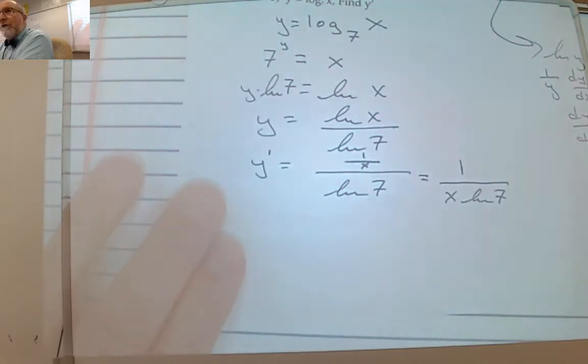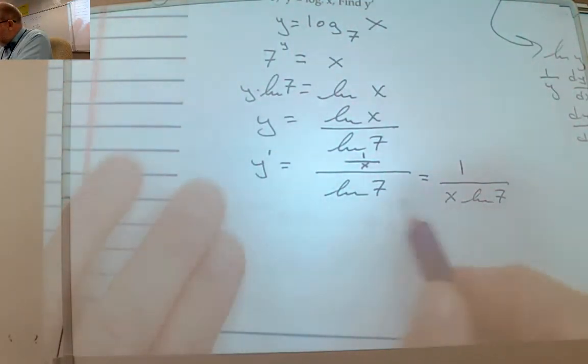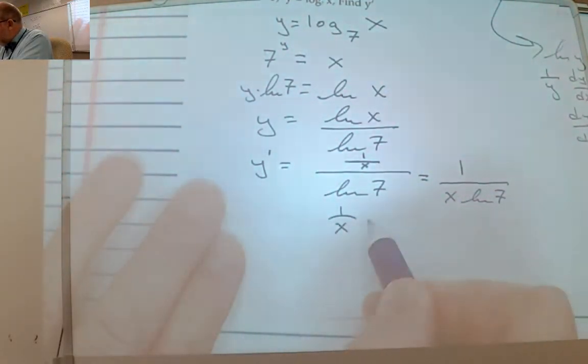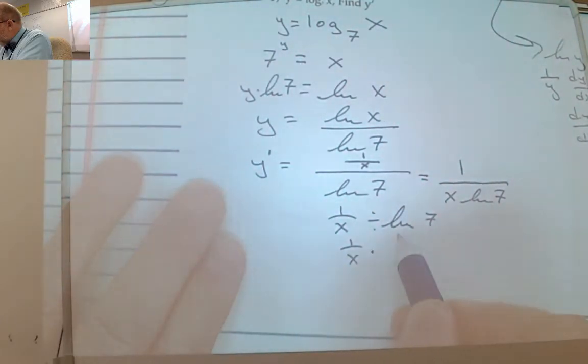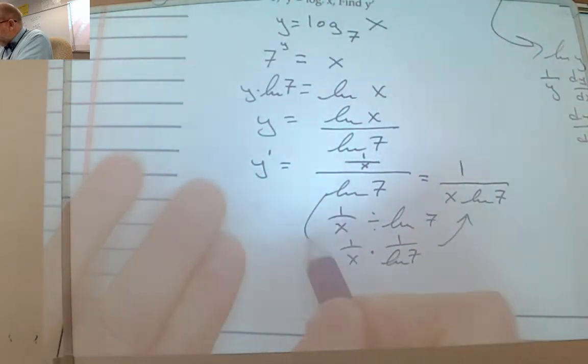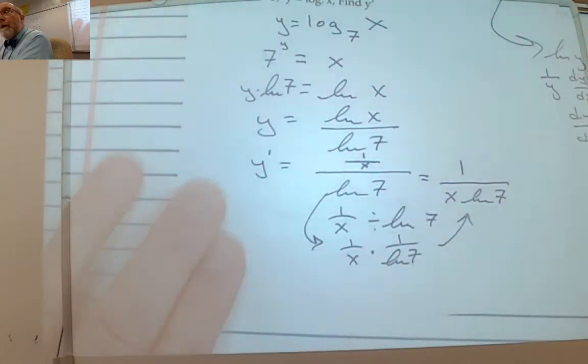Does anybody want me to show you where that came from, or are you okay with that? Because we've done a lot of stuff with fractions, right? I'm going to multiply by 1 over the natural log of 7, the reciprocal. This is the same as this. All right? Okay, very good.